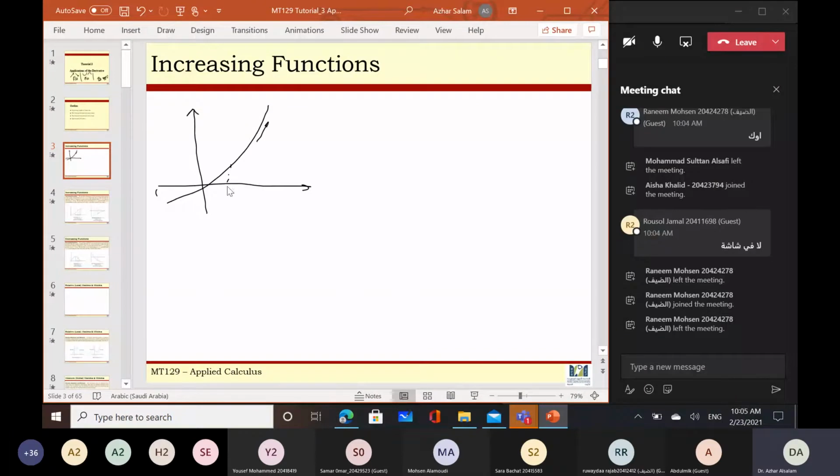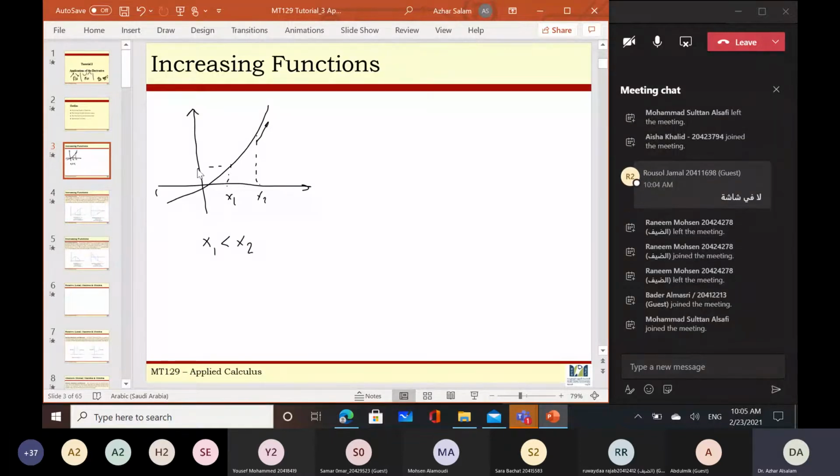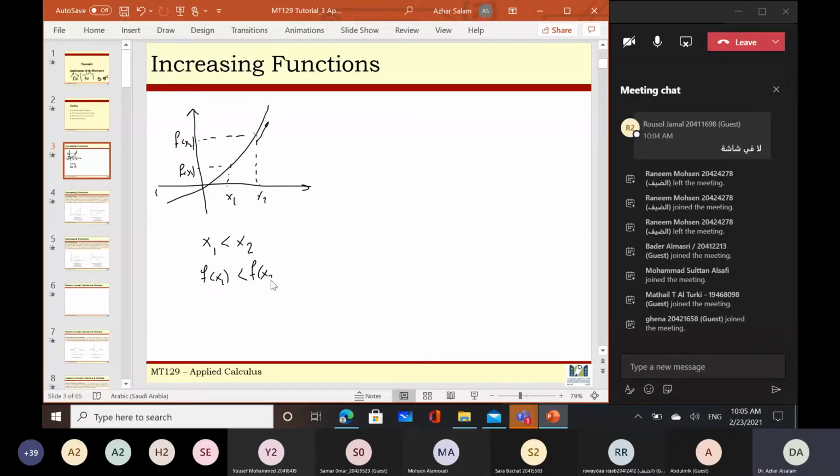So here, if I have x1 and here I have x2, of course, x1 here is less than x2, and here the values of the function, f of x1 and f of x2. I also have that f of x1 is also less than f of x2.